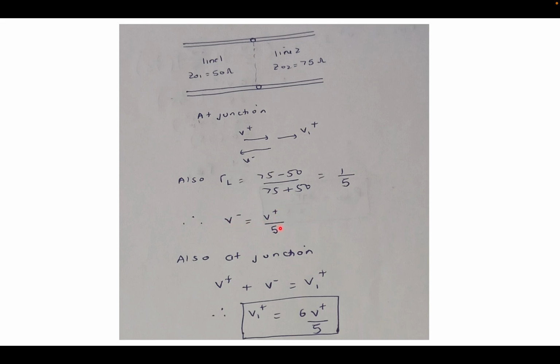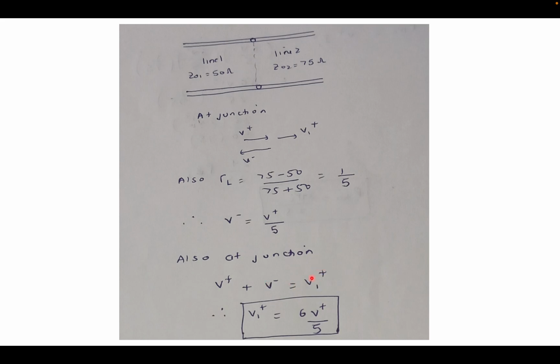And now at the junction, there has to be Kirchhoff's law, so the voltage will be the same. So V plus plus V minus should be equal to V1 plus, right? You can use this equation, and from there, knowing V plus and V minus, you can find the value of V1 plus.